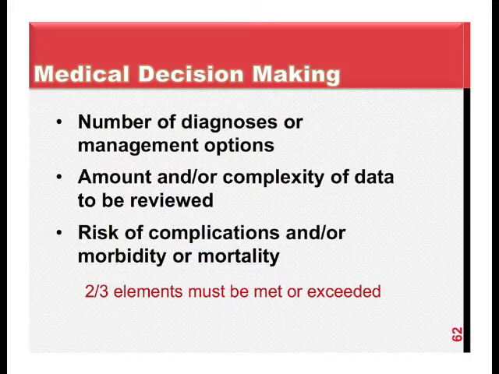And this involves the number of diagnoses or management options, the amount of data that you're reviewing, and most importantly, your risk of complications. They're going to hone in on this risk factor quite a bit, from the early signs we're getting on where this is going. So be very conscious of this factor as your patient walks in your office and you're deciding what you need to do for that patient for that visit.